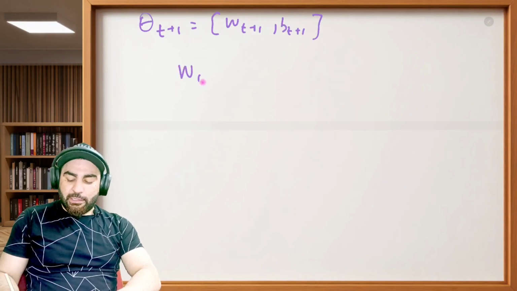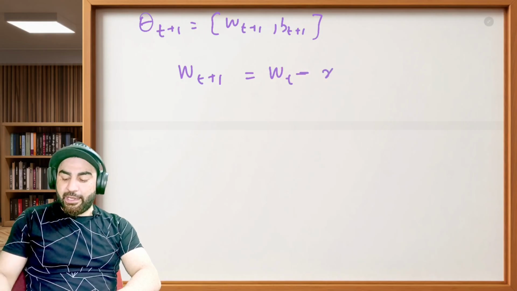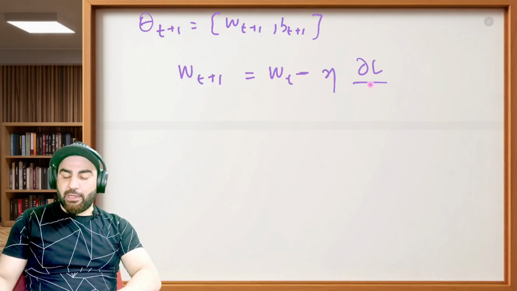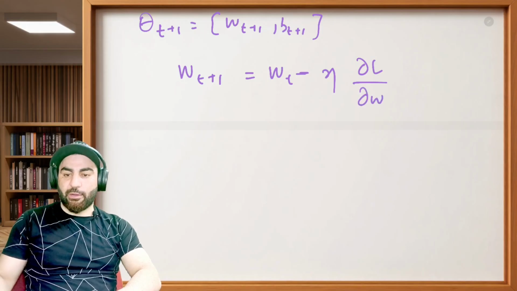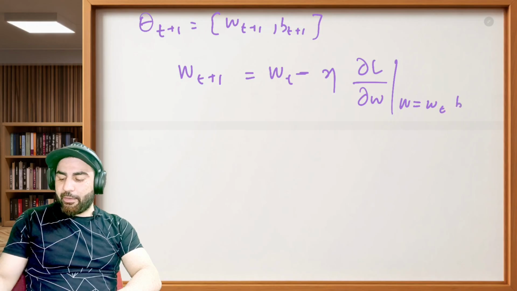So W_t plus 1 will be equal to the initial W minus eta times dou L, the loss function that we had, by dou W, evaluated at W equal to W_t and bias equal to b_t.